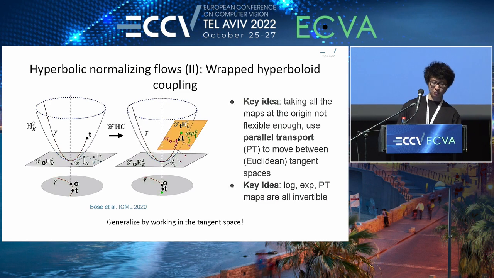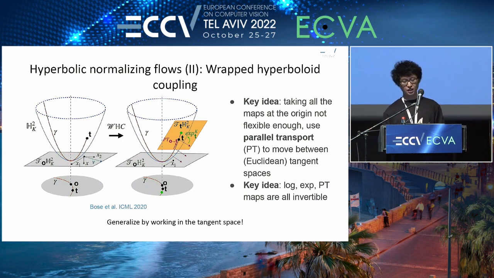But the idea of the second version of this normalizing flow is that using the origin for both the logarithmic map and the exponential map is a bit limiting. So they use parallel transport to move between different points in hyperbolic space. Basically it means that we don't have to always use the origin for the exponential and logarithmic maps.